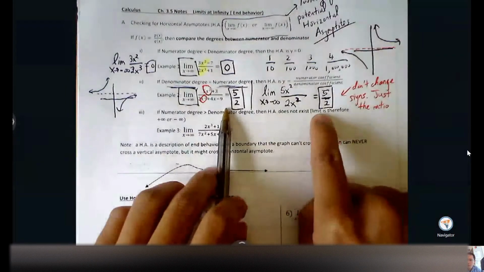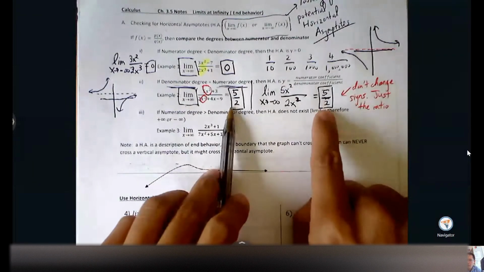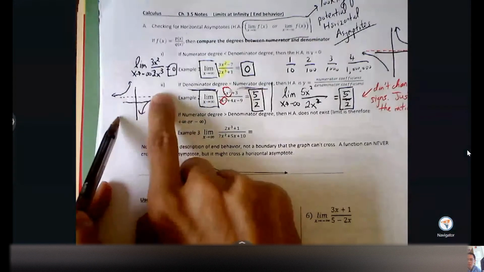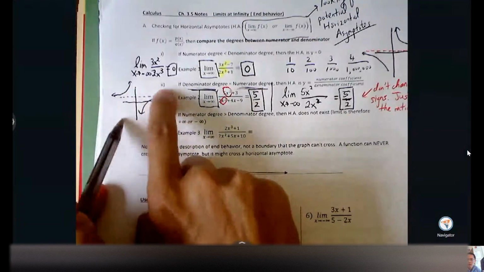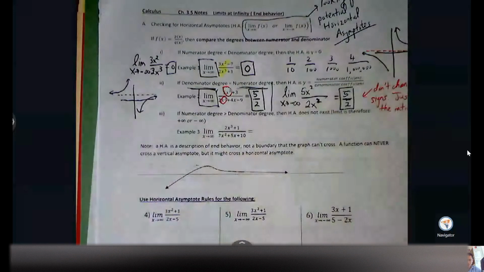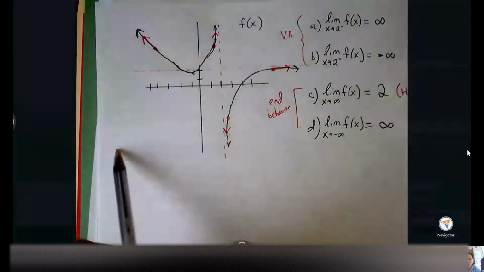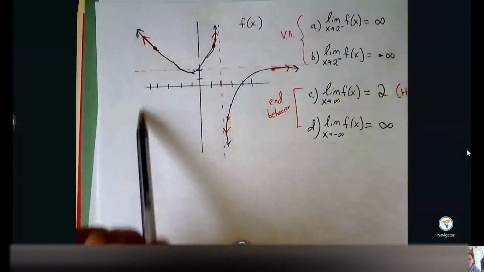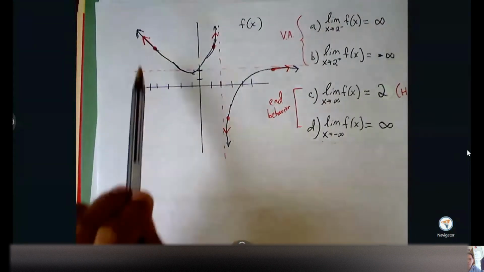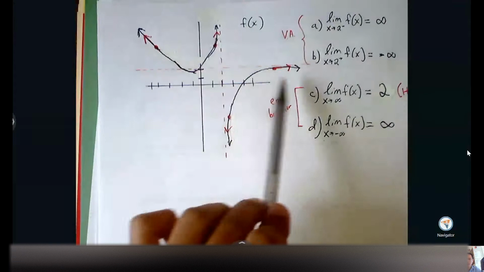But also visually, if it's 5/2 and negative 5/2, what that's saying is that we're going to be seeing split horizontal asymptotes. And we usually don't see that. There's not many graphs that we can think of where we have split asymptotes on either side. Usually it's just one asymptote and either it's getting closer to it or it's not.